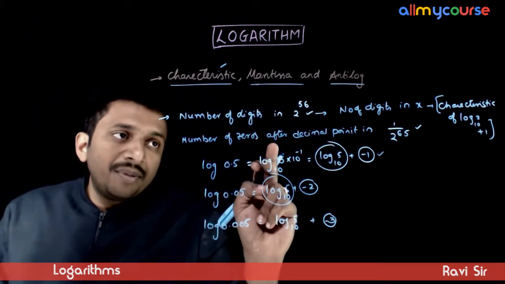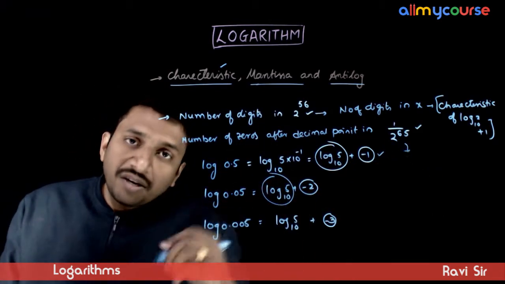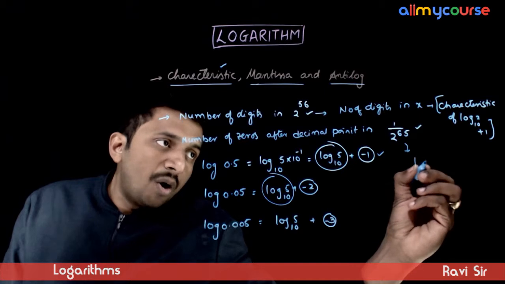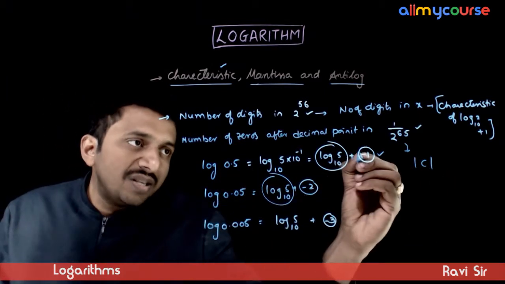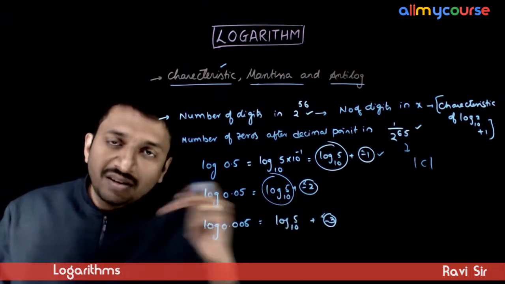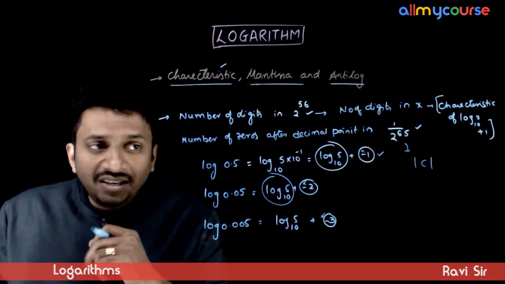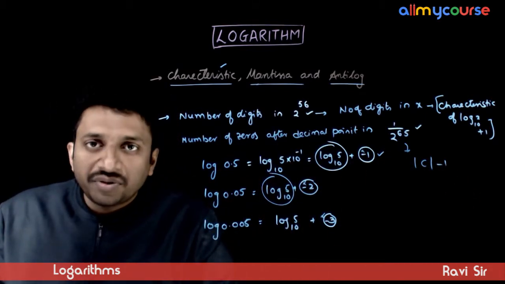So if you want the number of the zeros immediately after the decimal point, you just need to find the characteristic of this and take the modulus of the characteristic. That is the absolute value. You just remove the sign. So whatever you get is the mod of characteristic, and if you subtract 1 from that, you get the number of zeros.